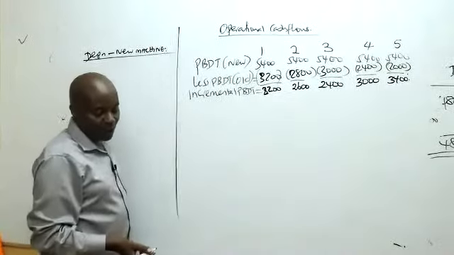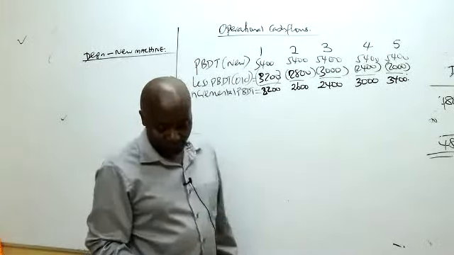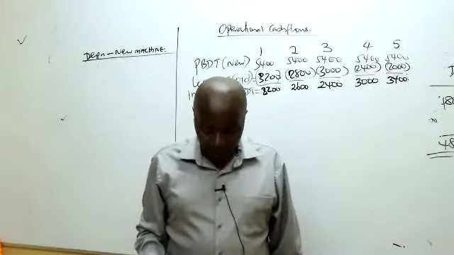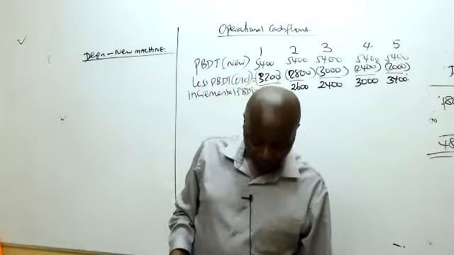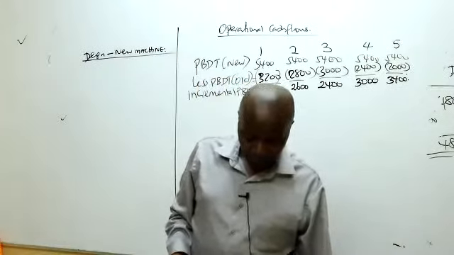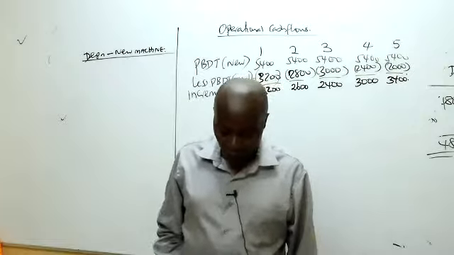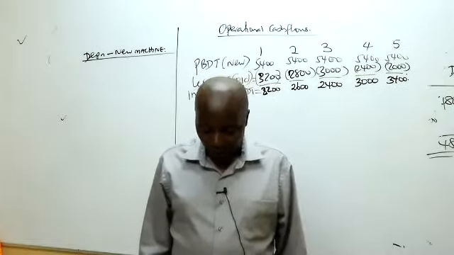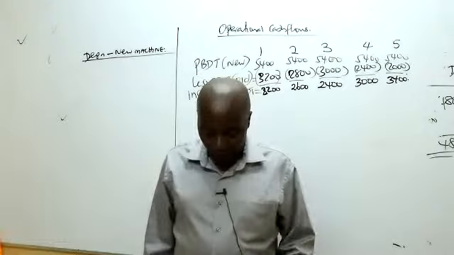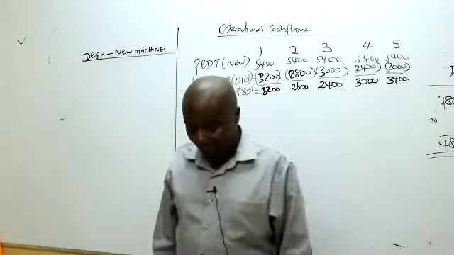So the new machine, from this particular paragraph, the paragraph that is talking about new machine. They told us that the cost is 12,560 with a salvage value of 4,000, and then useful life is 5 years.